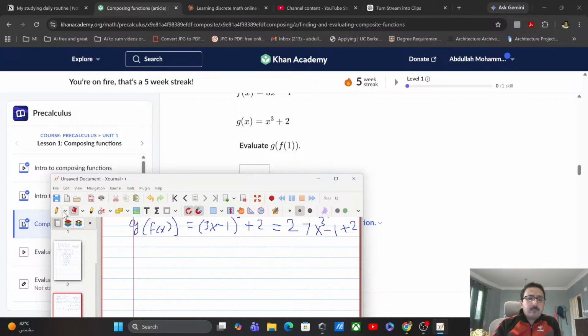Okay, so we got 27 x cubed minus 1 and plus 2, that's a plus 1.